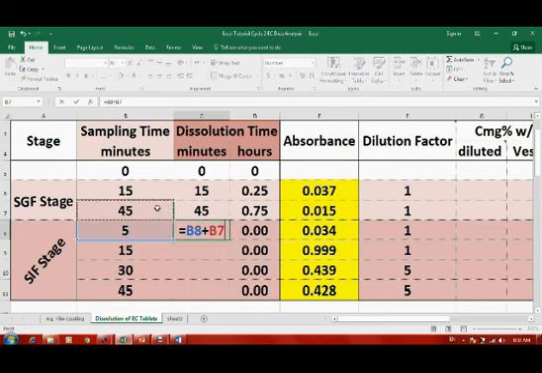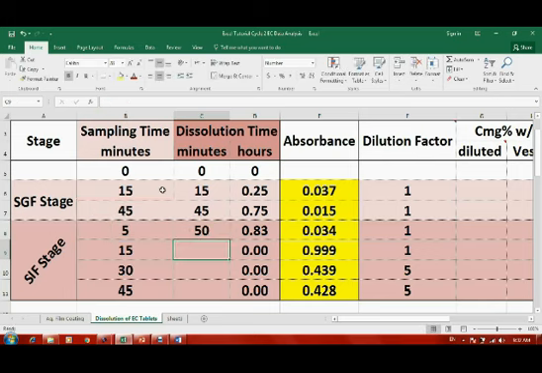Then, if the tablet spent 5 minutes in the SIF medium, the total dissolution time should be the time from the first stage, which was 45 minutes, plus 5 minutes in the SIF stage. The same is done for the other sampling times.